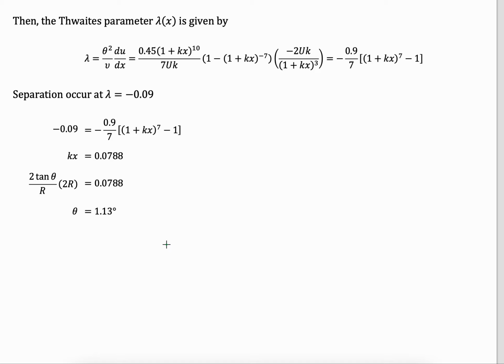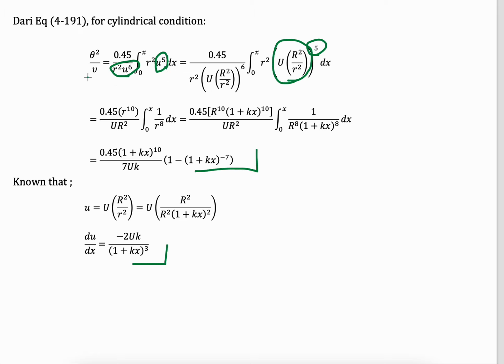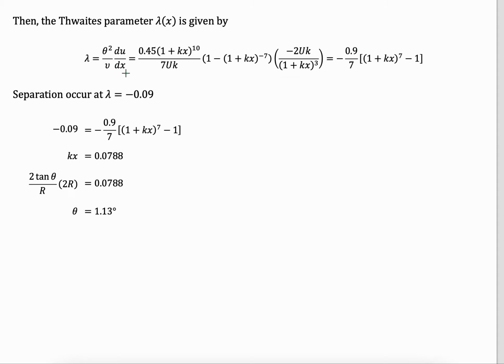Then we can calculate lambda, which is theta square over nu times du/dx. We substitute the value of theta square from the calculation here, and du/dx, and then we get this. From the correlation previously, separation occurs when lambda is equal to negative 0.09. Substituting the value here, we get that theta is equal to 1.13 degrees.